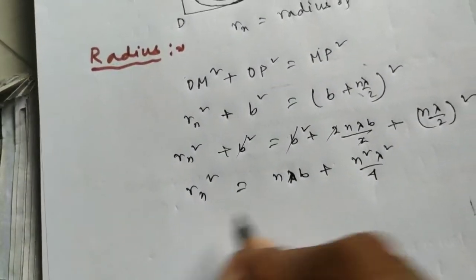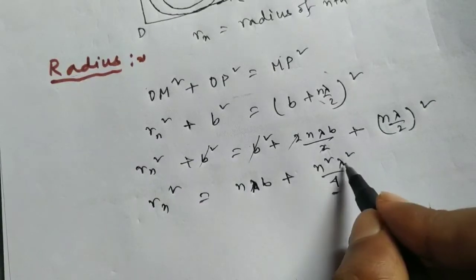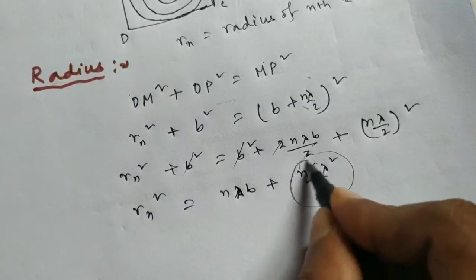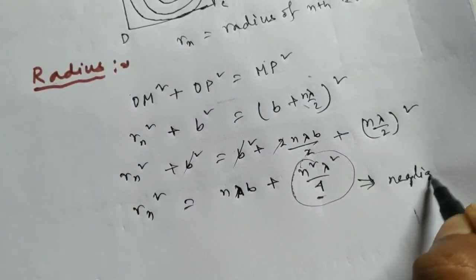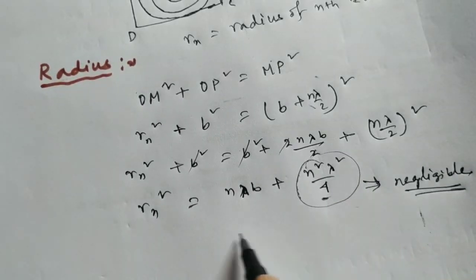Now in this n square lambda square term, lambda is very small, so this term is negligible and we can neglect it.